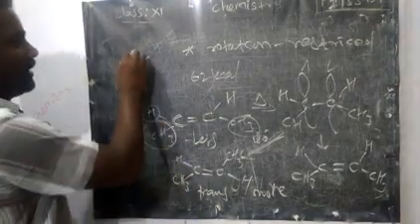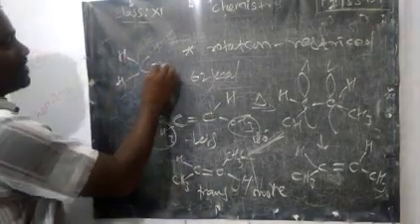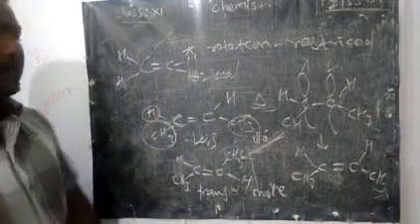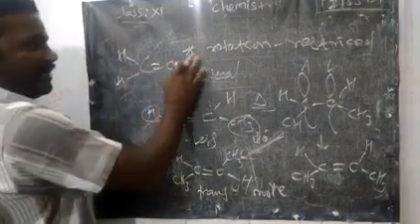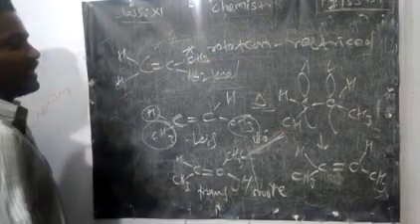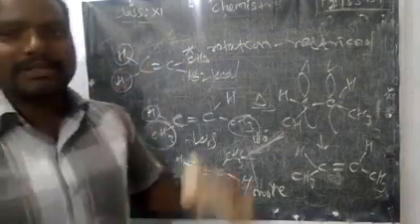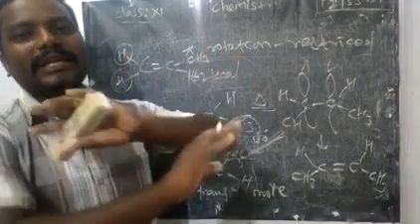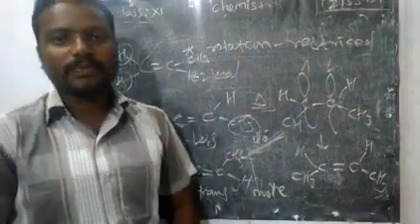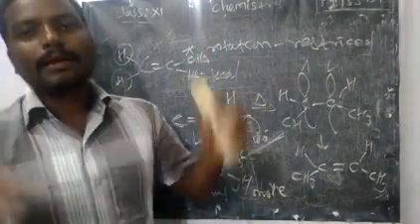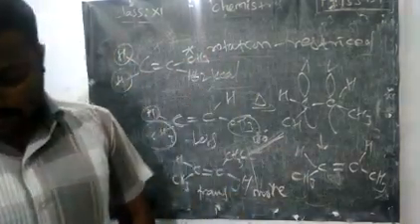Suppose you have a structure like this, definitely you may not have cis-trans isomers. Even though we have CH3, if one carbon in the double bond has similar groups attached, it may not have cis-trans isomerism. So it should have different groups attached to the carbon atom.